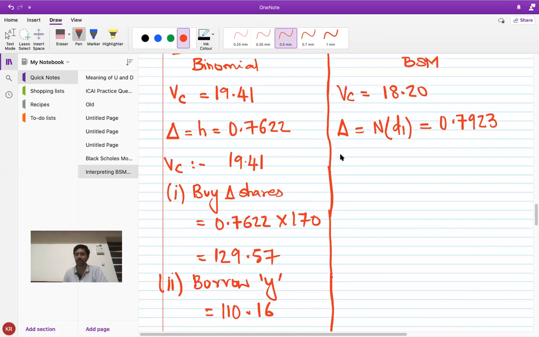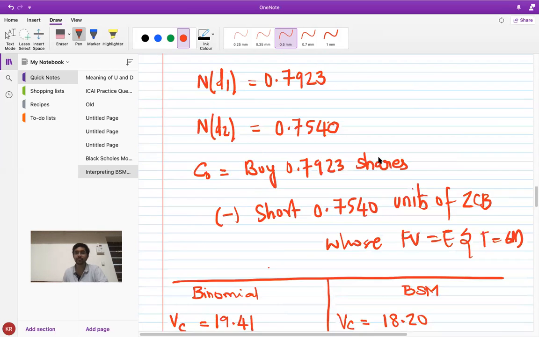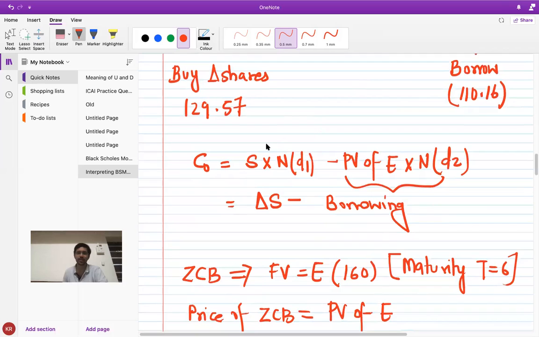So the value of a call option under the binomial model, 19.41, can be seen as buying delta shares and borrowing Y, whereas the value of a call option under the Black-Scholes model, 18.20, can be seen as having the same two components. Buying delta shares, which is S into N(d1), is the first component of the Black-Scholes model.